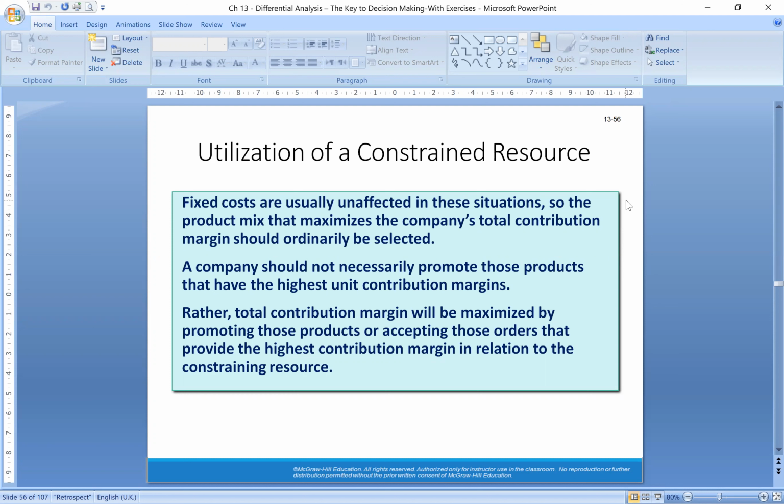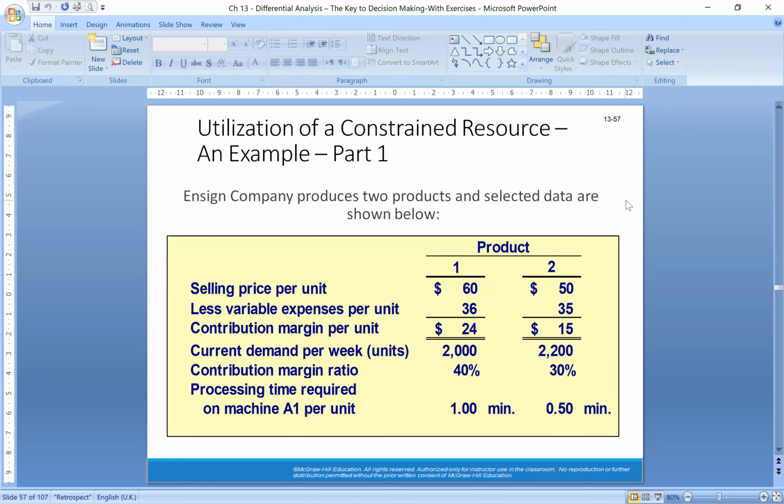Rather, total contribution margin will be maximized by promoting those products or accepting those orders that provide the highest contribution margin in relation to the constraint resource. Now, our topic here is maximizing our profits. We have a demand greater than our resources. That's why we have to choose the best choices that maximize our profit.